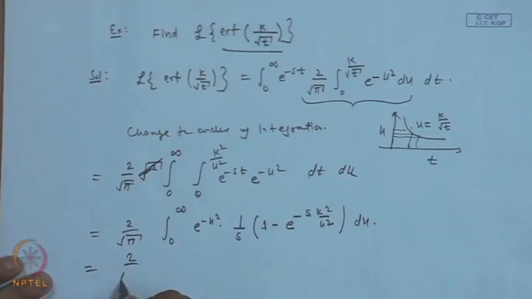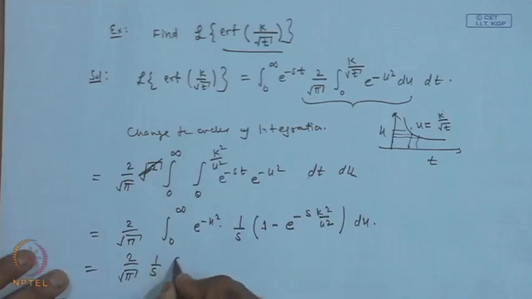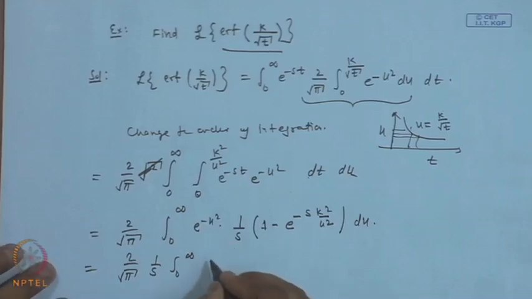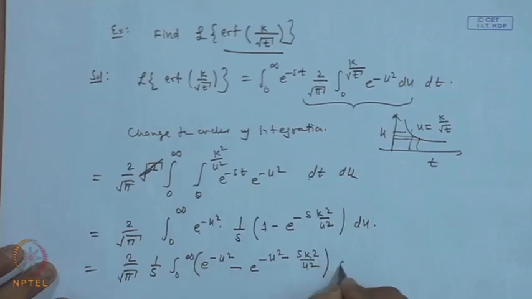So, what we have is 2 over square root pi, and 1 over s we can take out of the integral, from 0 to infinity of e to the minus u square minus e to the minus u square minus s k square over u square, du.